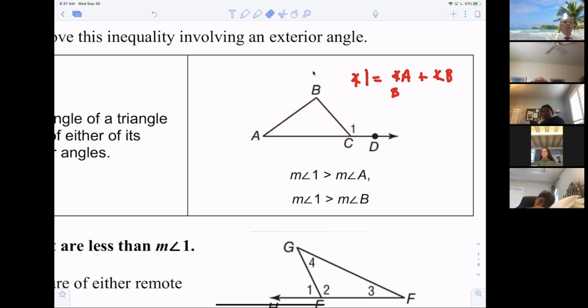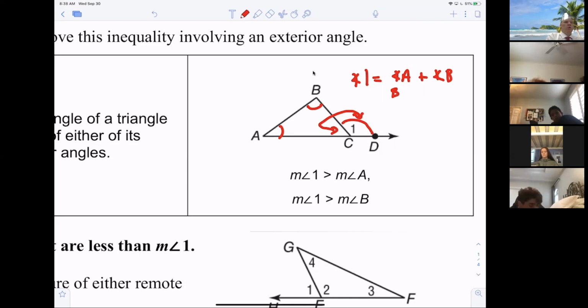But what we do know is that every single exterior angle is greater than the remote interior. Is everybody with me on that? I cannot make any conclusions about these 2 angles. They could even be equal, if it was a 90-degree angle.